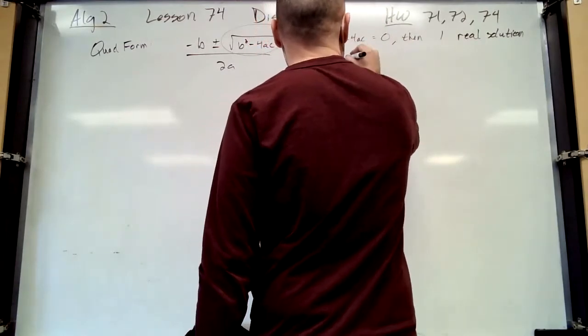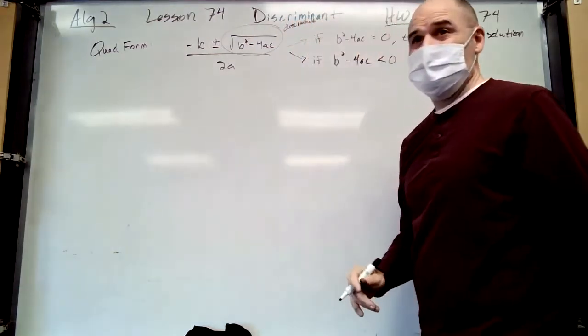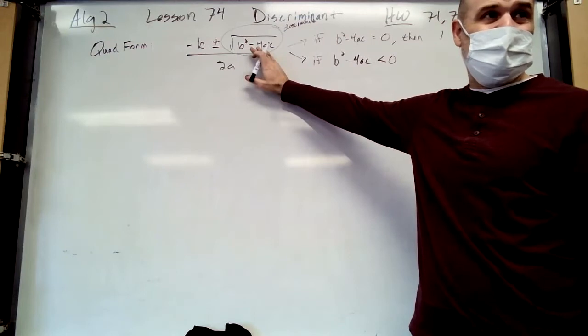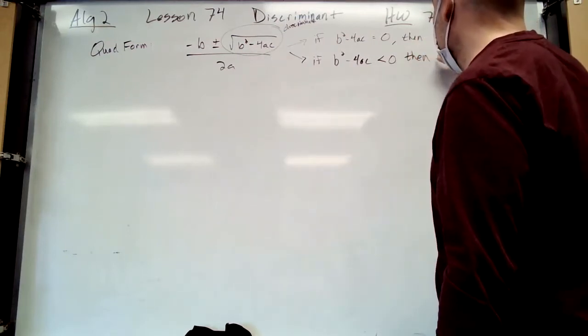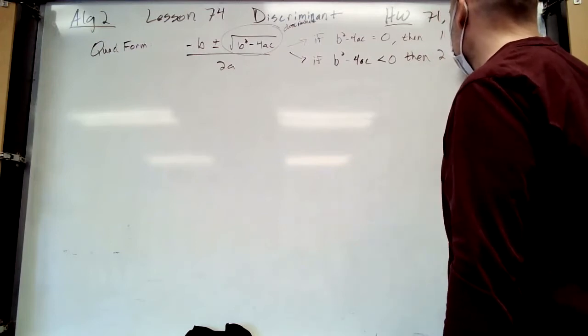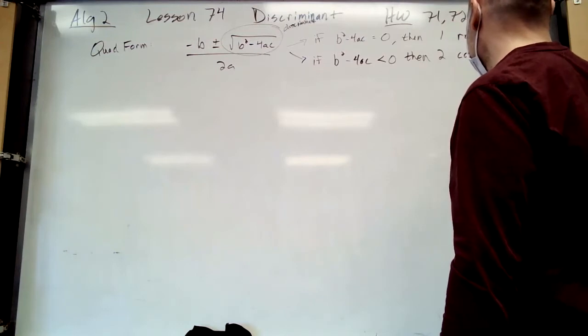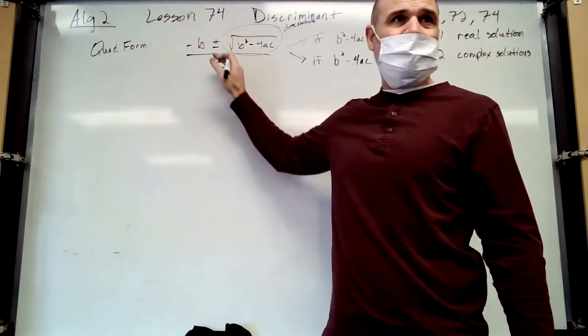Okay, so if b squared minus 4ac is less than 0, well, what does that mean? You're going to have underneath the radical a negative number. And you're going to have two complex solutions. Now, I say complex because this part is still real, right?